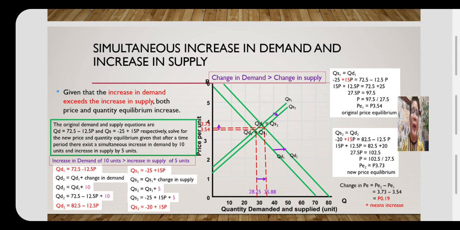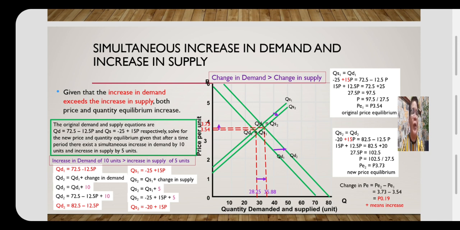We also have to recognize the original demand equation and the original supply equation. Now, mathematically, we can derive the price equilibrium and the quantity equilibrium, original and new.